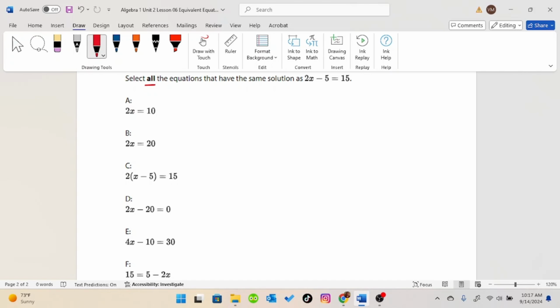Looking at choice A, the 2x didn't change. They got rid of the negative 5 on the left by adding 5.